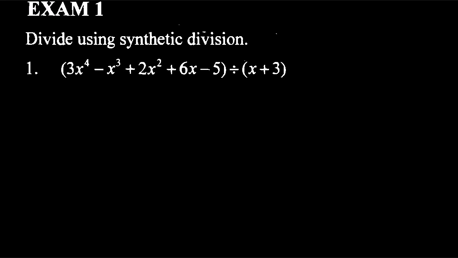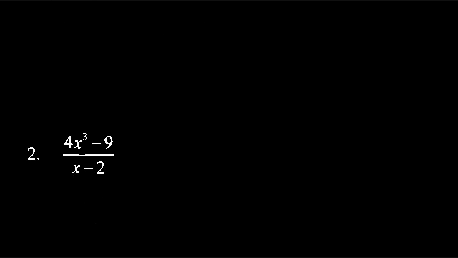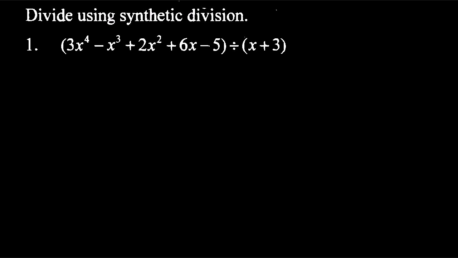But notice the two. There's the first problem. We did that one in the previous video. And now this is our problem. It looks different. But what is different? Well, in the first problem, it had this for the dividing symbol, and it had the divisor out here at the end, and it had the dividend in the front. We've seen this type of setup before.